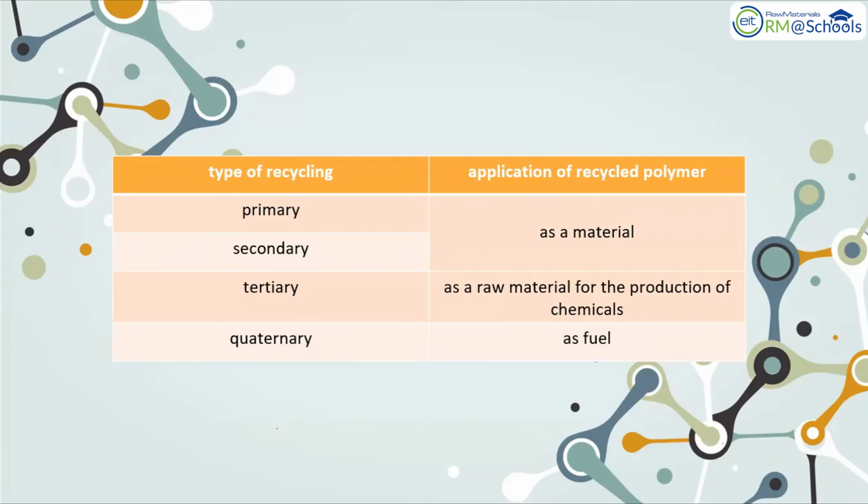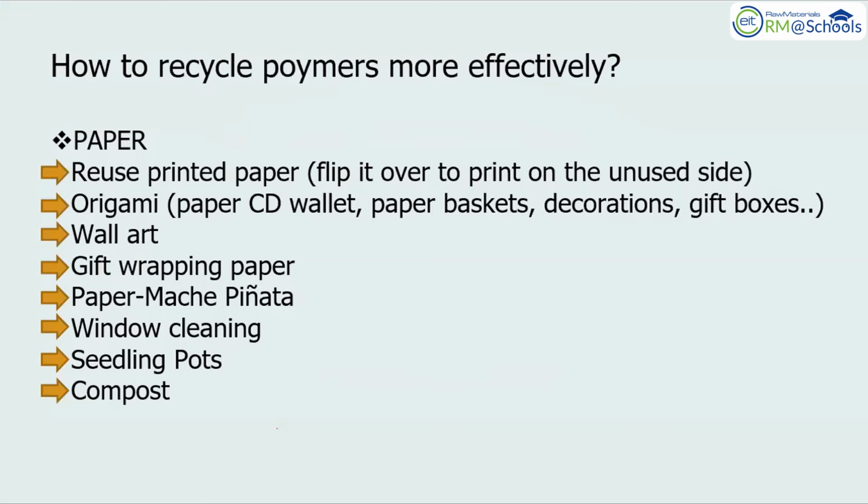With primary and secondary type of recycling, we use that recycled material as material. If we have tertiary type of recycling, we use that product as a raw material for the production of chemicals. And if we have quaternary type of recycling, we use that product as fuel.